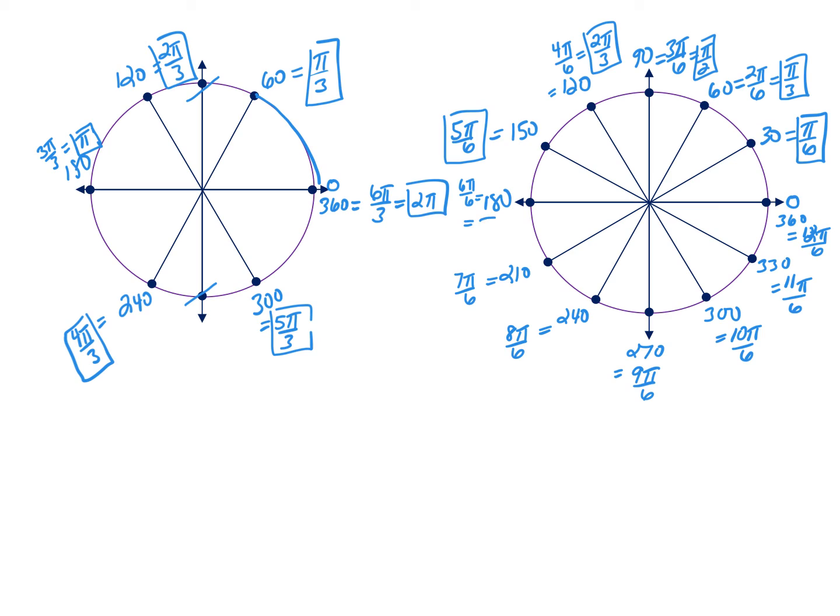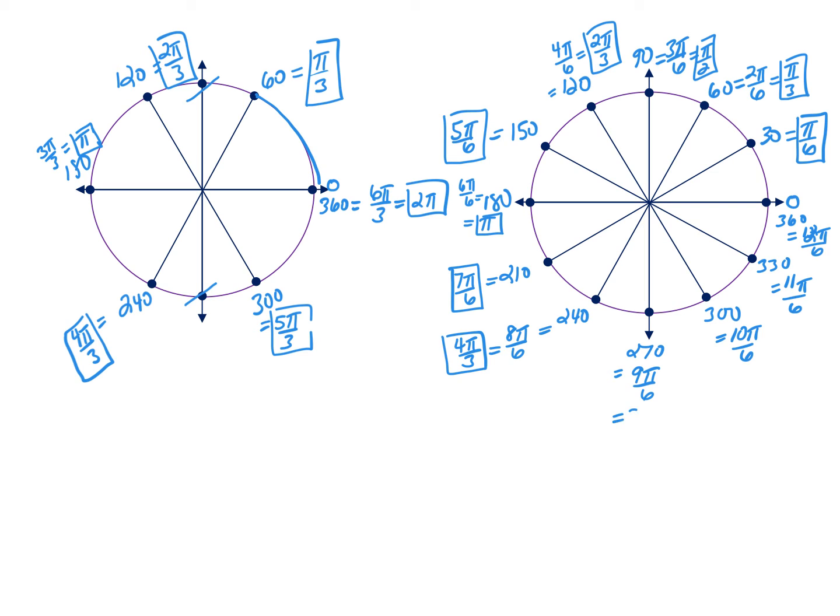We know 180 is equivalent to pi radians. 210 is going to stay at 7 pi over 6. 240, 8 pi over 6 would reduce to 4 pi over 3, because these angles that are reducing, that are not quadrant angles, they're multiples of 60 as well.